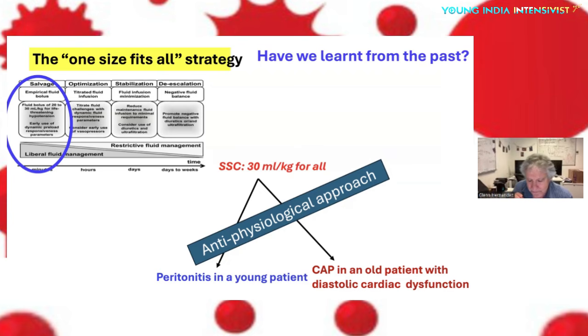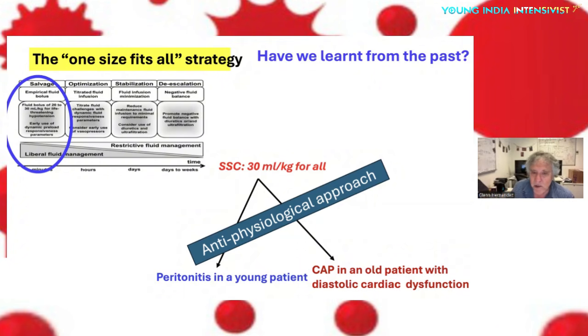This happens when we use the one-size-fits-all strategy. This is an example from the Surviving Sepsis campaign, which still proposes 30 mL per kilo for all patients when they arrive at the emergency department, in 1 to 3 hours. But this is antiphysiological, because maybe a young patient with peritonitis has heavy, absolute hypovolemia, added to the relative hypovolemia of a decrease in venous return due to venous vasodilation, compared to an old patient with community acquired pneumonia with diastolic cardiac dysfunction.